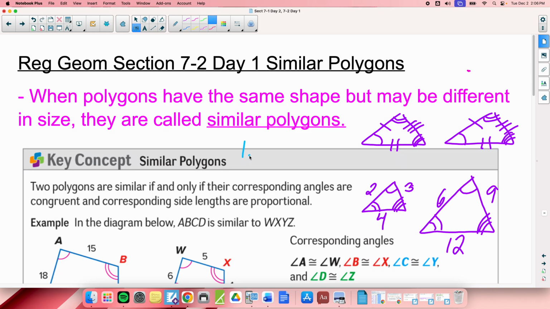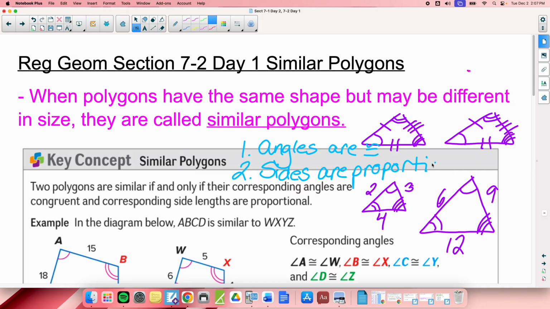One is your angles are congruent, just like they were in congruent triangles. But in a congruent triangle, your sides were congruent. In similar figures, what we say is your sides are proportional.